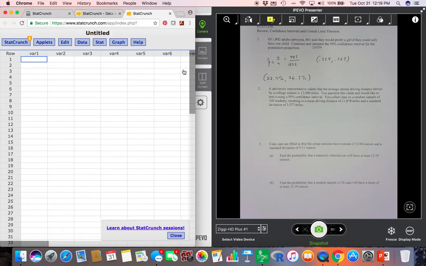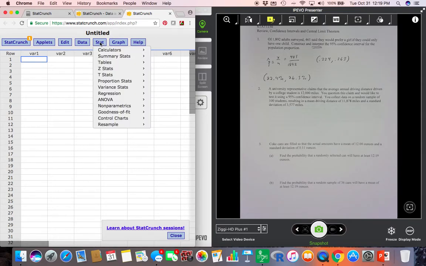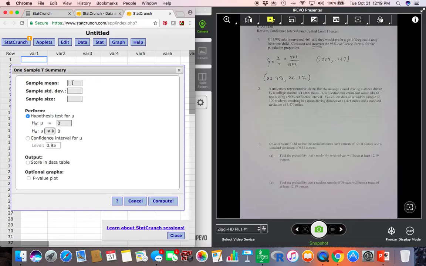The population standard deviation isn't given. So I'm going to go to T-stat, one sample, and I have a summary. So guys, the sample mean here is 11,878. The sample standard deviation is 3577. And our sample size is 100. We want to construct a 95% confidence interval.